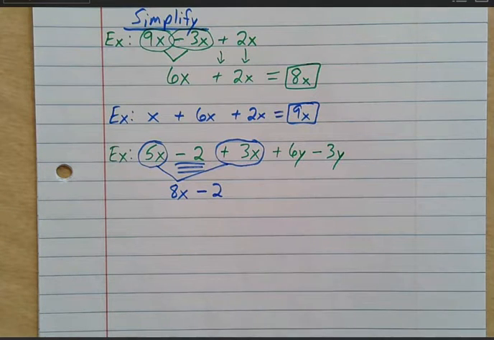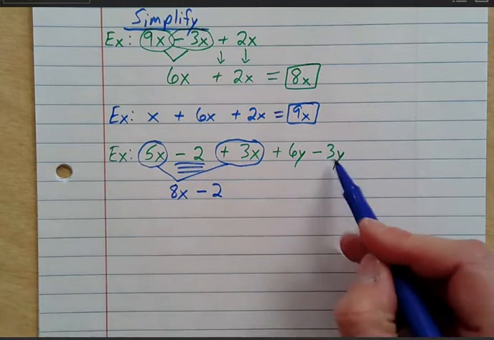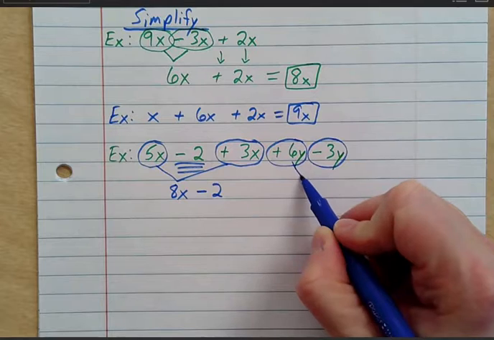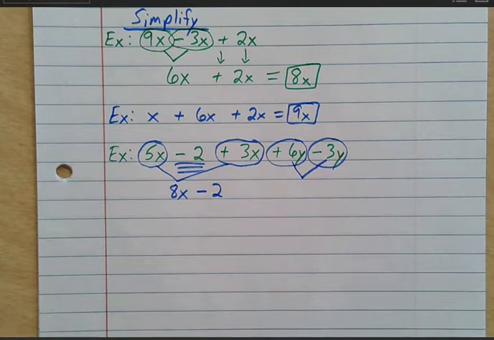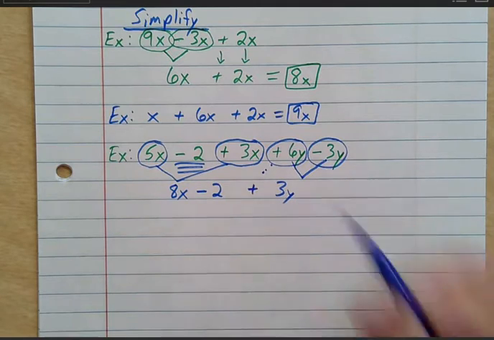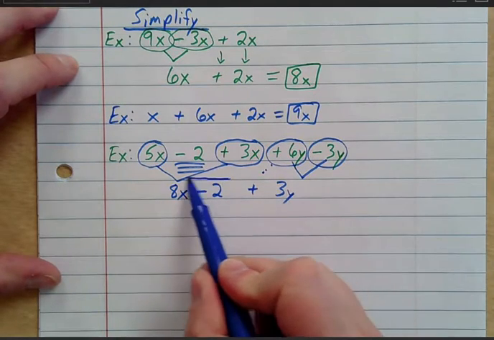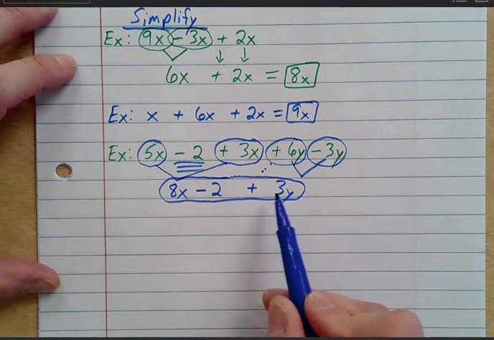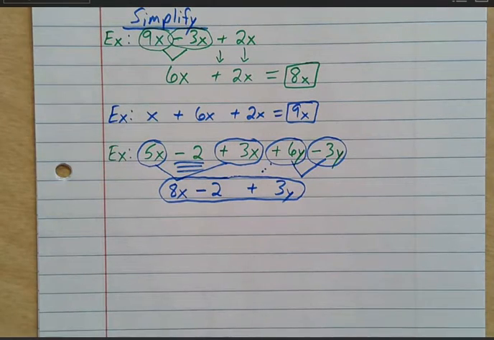And then the last thing that you have to combine here is your, I guess we call those apples, oranges, bananas. You have a plus 6y and a minus 3y. So the 6y and the minus 3y gives you 3y, and then this plus hasn't been used yet, so you would bring it right down here. 8x, there's your apple, minus your 2, there's your orange, plus your 3y, and those would be like your bananas.